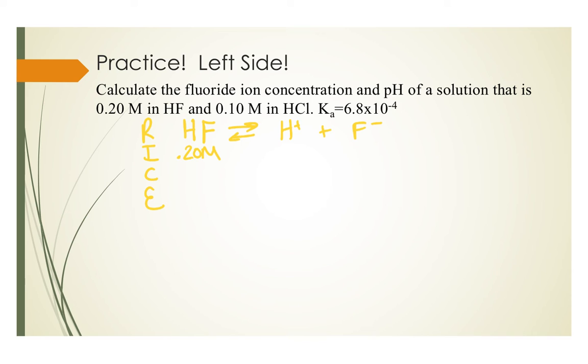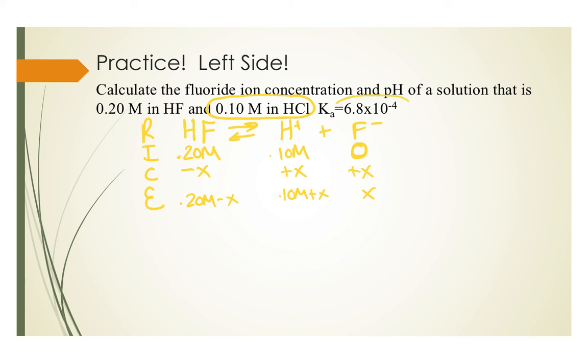The concentration of H plus in the solution is coming from this strong acid right here, which would be 0.10 molar. And the F minus concentration to begin with is 0. Okay, so then, according to stoichiometry, we have minus x, plus x, plus x. We get 0.20 molar minus x, 0.10 molar plus x, and x.